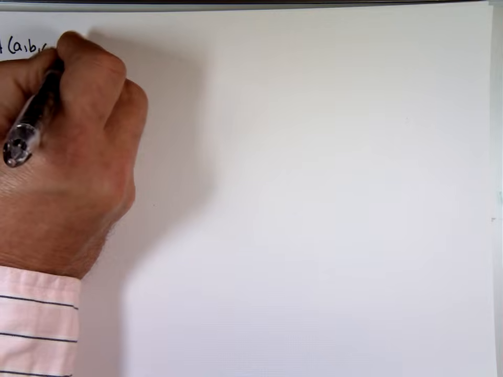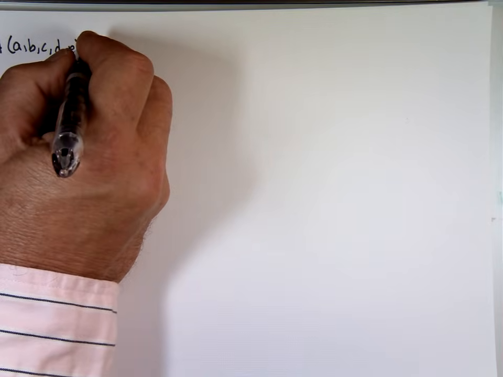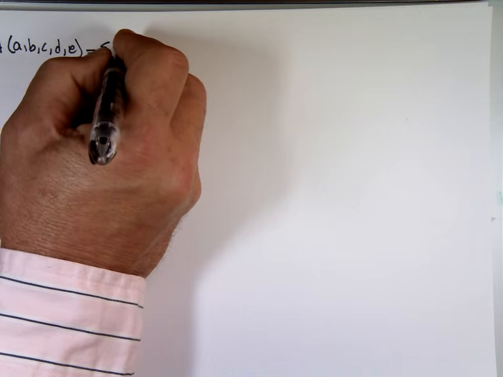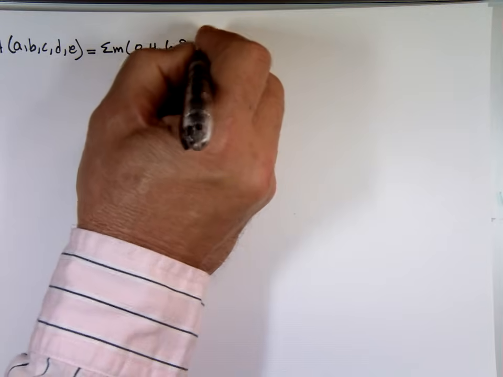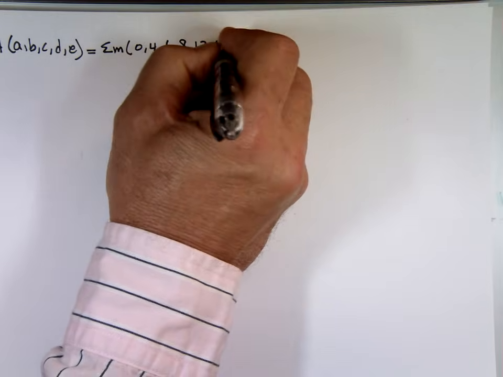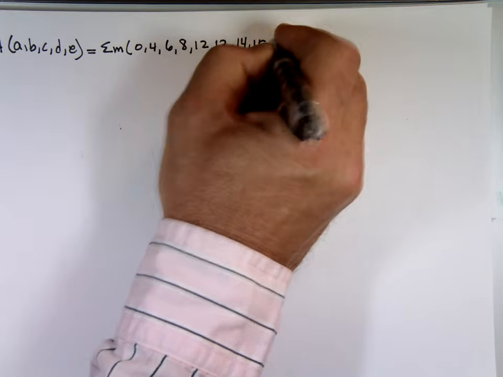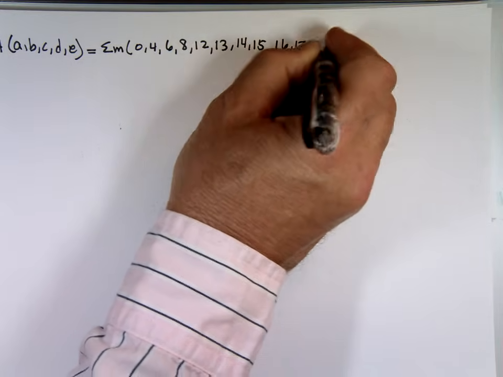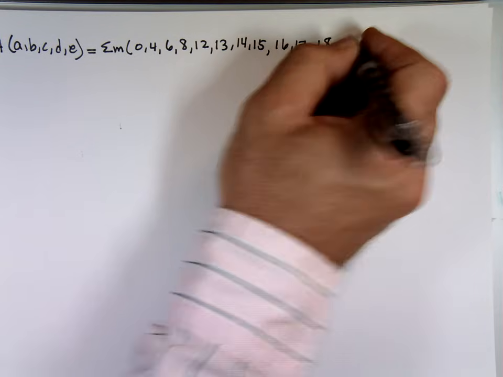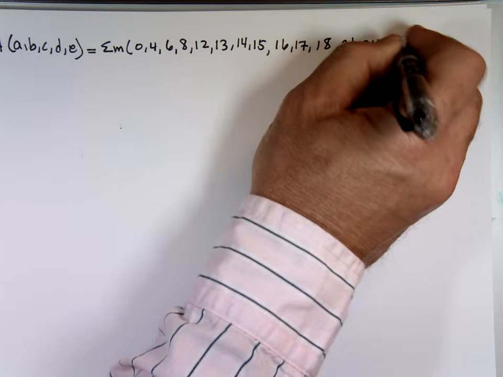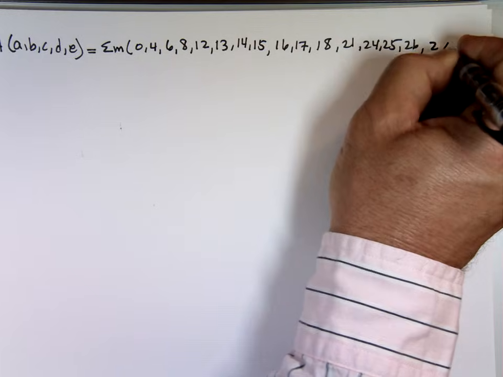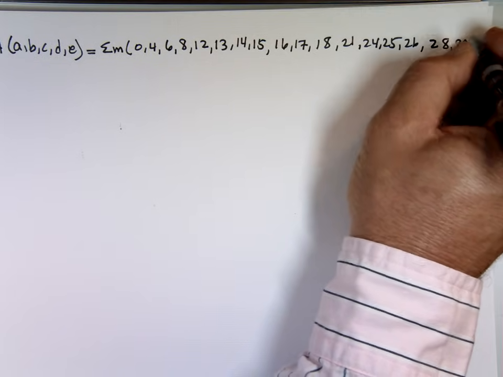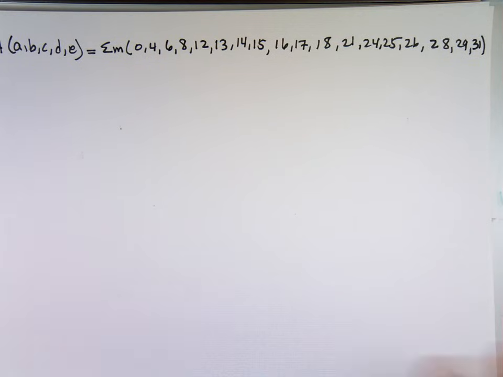So A, B, C, D, E. The summation of 0, 4, 6, 8, 12, 13, 14, 15, 16, 17, 18, 21, 24, 25, 26, 28, 29, 31.